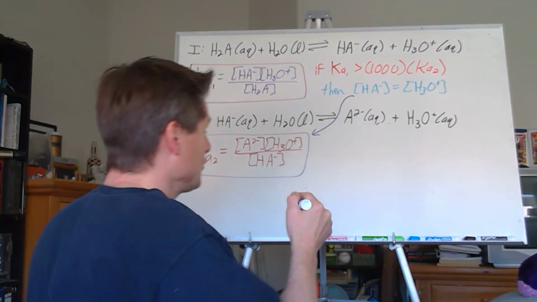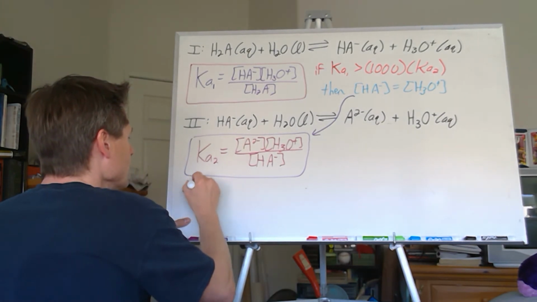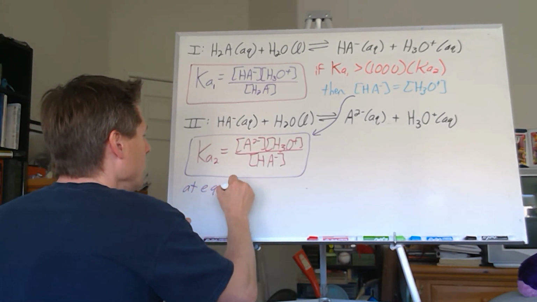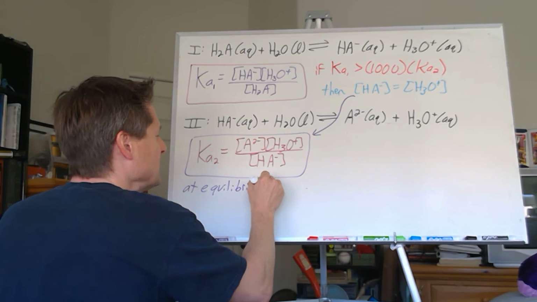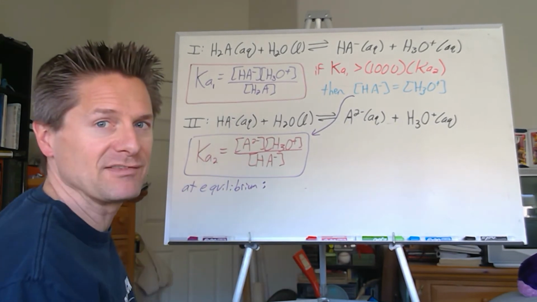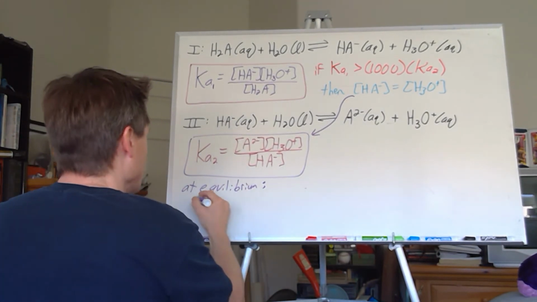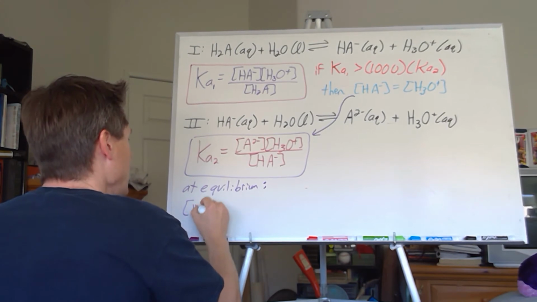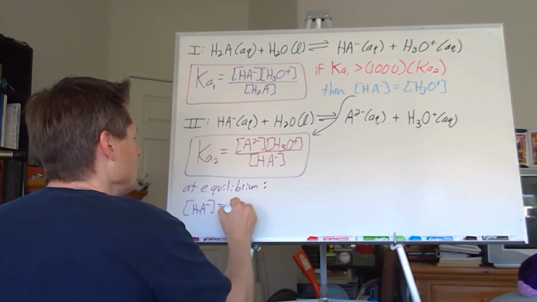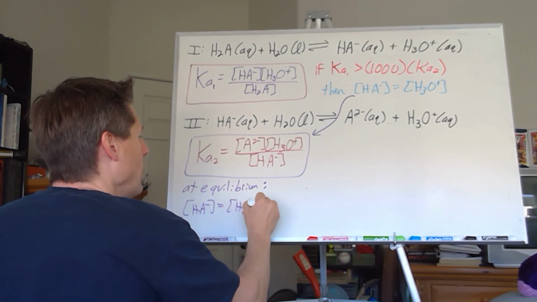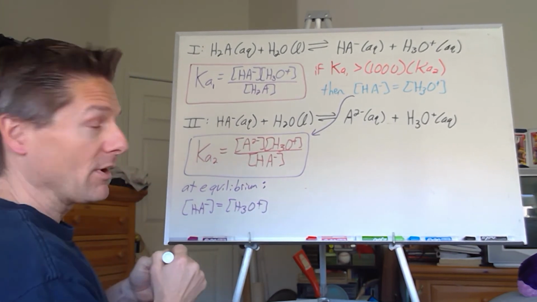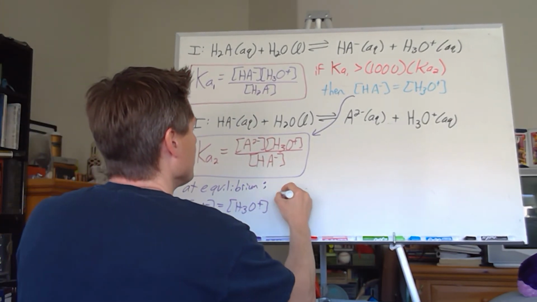Isn't that true, right? So at equilibrium, watch this. Oh, this is so slick. You're just going to kick yourself how simple this is when you see it. At equilibrium, HA minus equals H3O plus. Can you see where we're going?